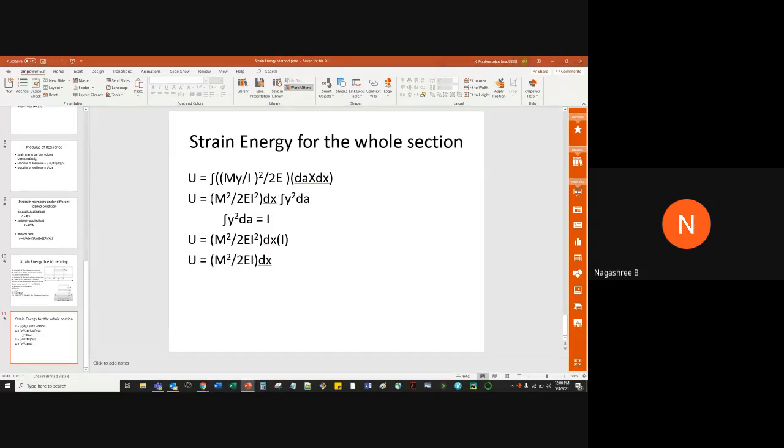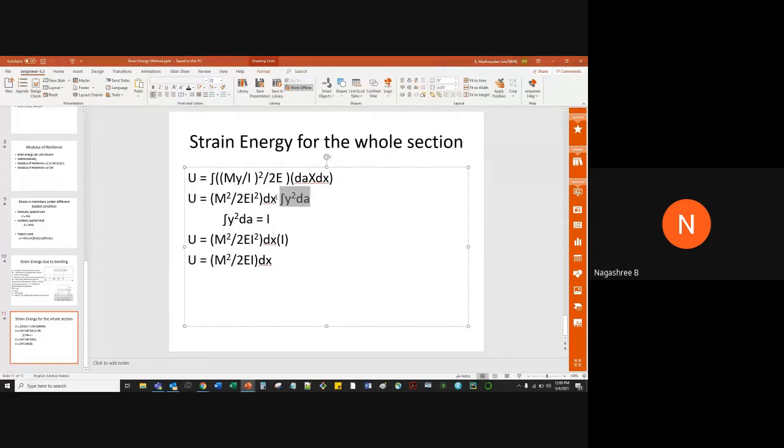So you are going to integrate this from 0 to A. Please note that the limits of integration of y square dA will be 0 to A, wherein dA is the elementary section and capital A represents the cross-sectional area for the overall section.